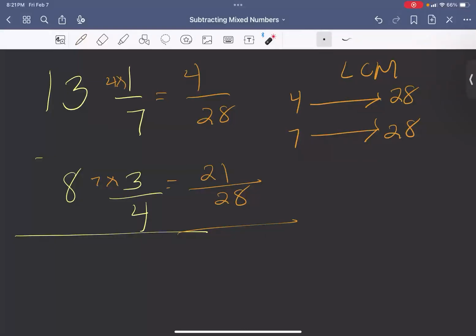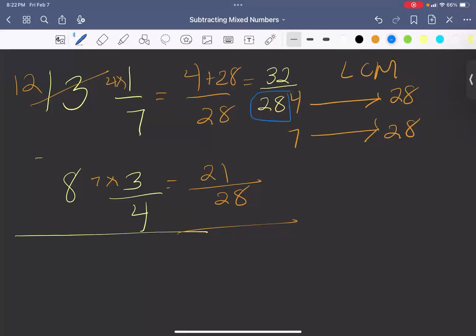We have to borrow 1 from the 13. So the 13 becomes 12. And then we add the denominator to the numerator on the top, plus 28. So now the new numerator is going to be 32 over 28. So now our denominators are the same, 28.